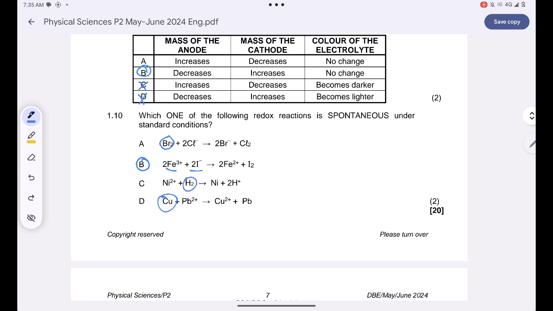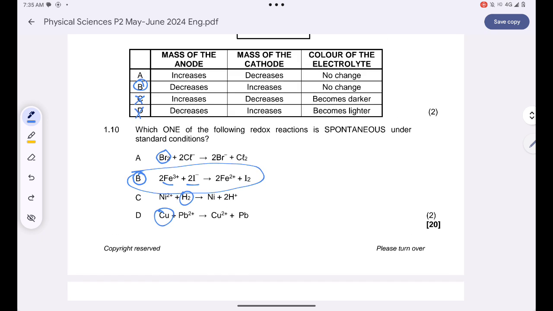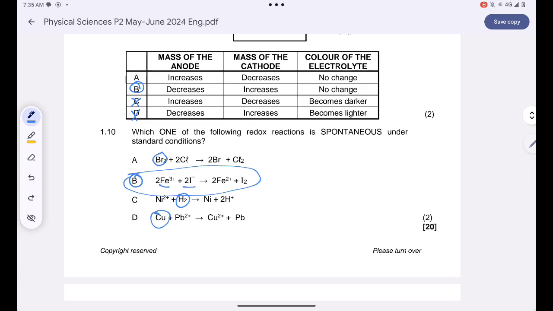So the reaction wouldn't be spontaneous there, but over here the reaction would be spontaneous. Are you together? So electrons will be easily transferred if both substances are charged. So B would be my correct answer.